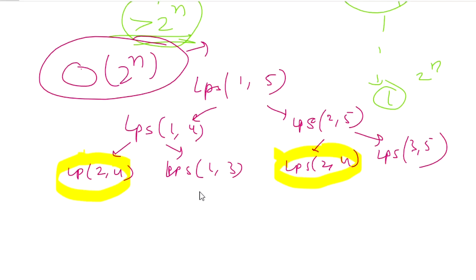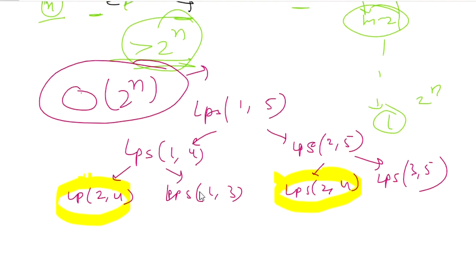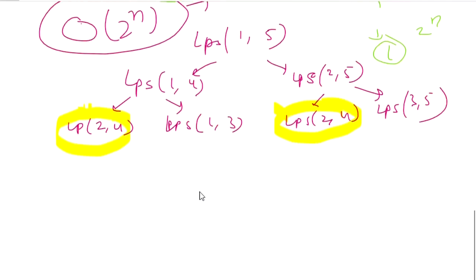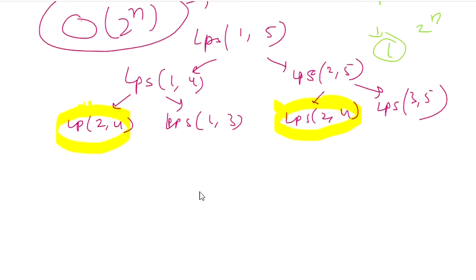We are repeating the same problems, solving the same problems again and again, and that is why the number of subproblems is greater than 2 to the power n. You can see that in LPS(i, j), i takes values from 1 to n and j takes values from 1 to n.